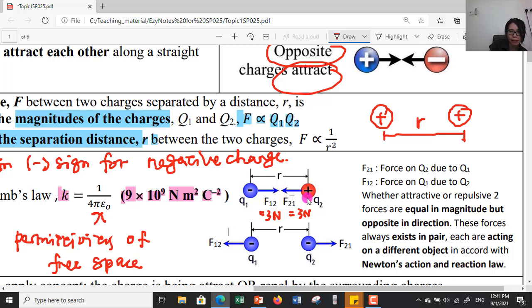F12 bertindak pada Q1, F21 pula bertindak pada Q2. So, ini yang kita panggil sebagai action and reactions. Okay, so ini mungkin ialah actions dan ini adalah reactions. So ingatlah, nilai dua forces ni adalah sentiasa sama, arah dia sentiasa opposites.